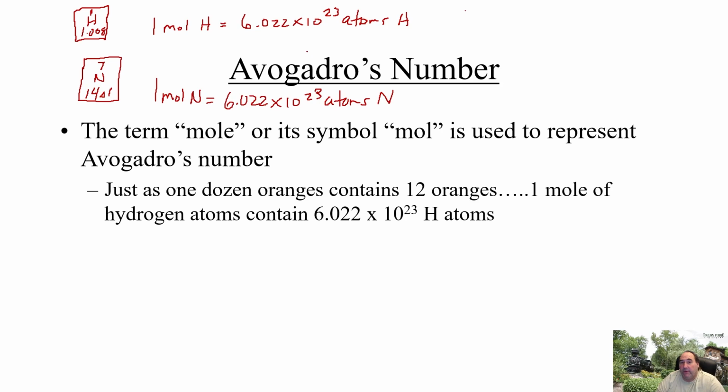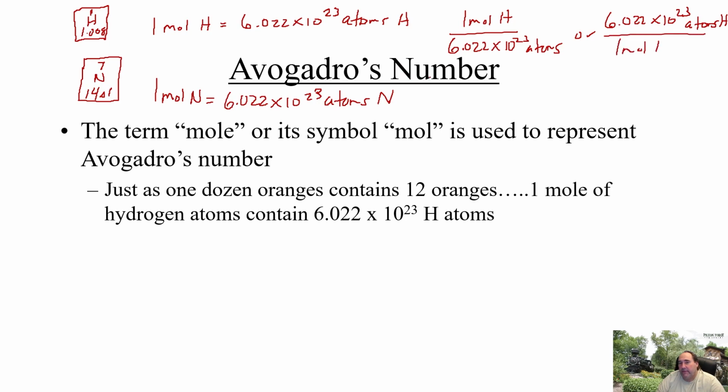Once again, here we could do 1 mole of hydrogen will give me 6.022 times 10 to the 23 atoms of hydrogen, or 6.022 times 10 to the 23 atoms of hydrogen will give me 1 mole of hydrogen.